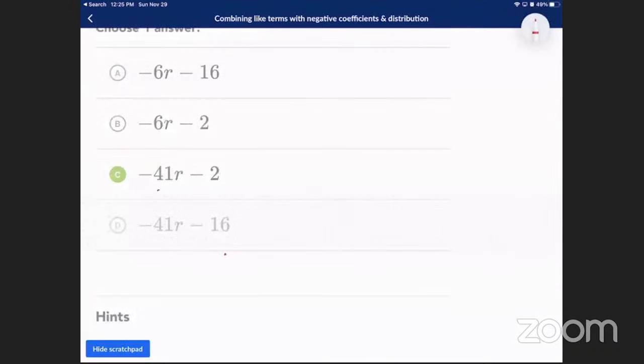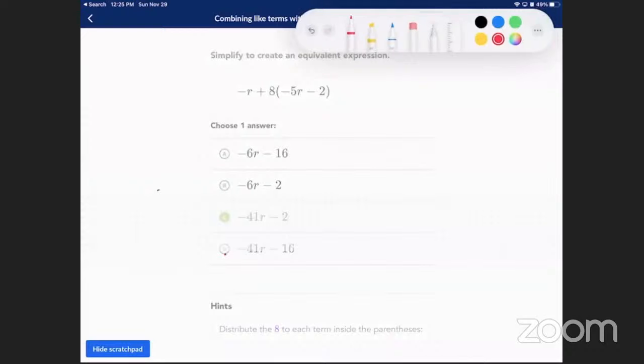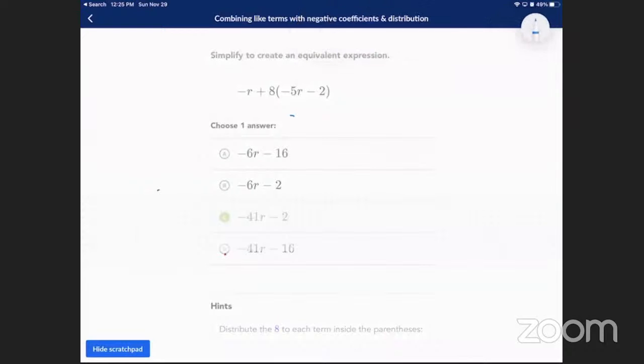So when it's time for me to go ahead and have that, and then we actually put the negative 2 here, we get negative 16, and we get this negative R. And then once we do that, we know negative R plus 40R minus 16 is the combining of the like terms of this particular expression.